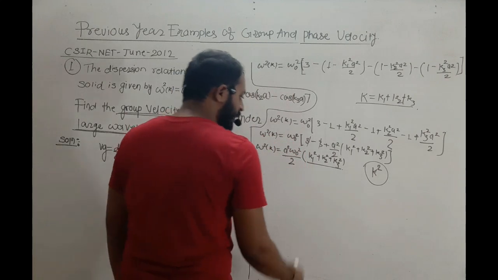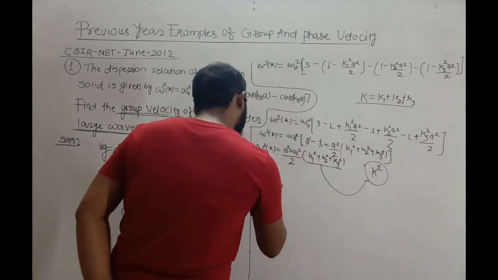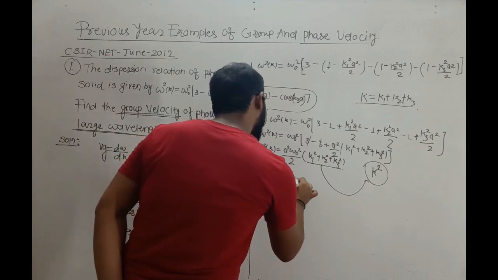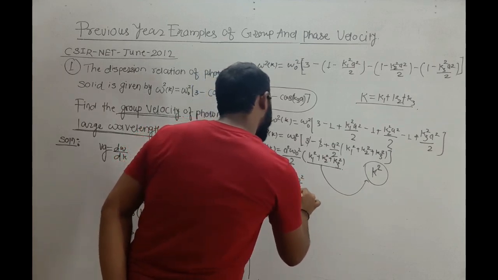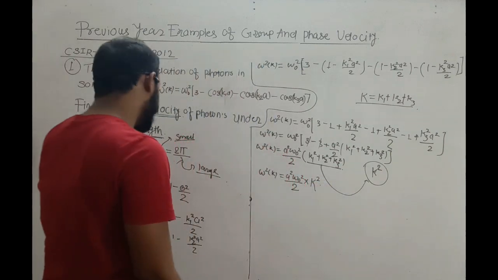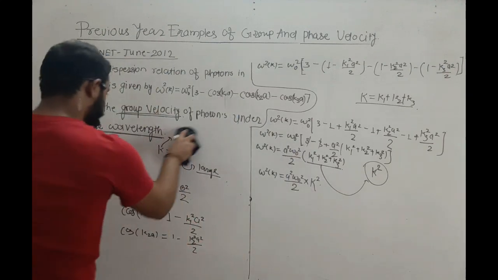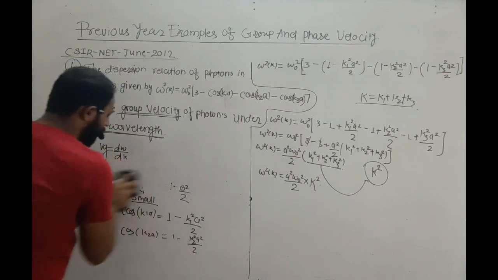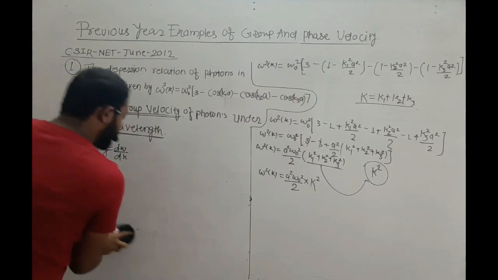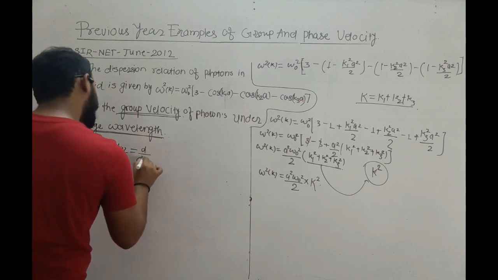Now I can replace this by this. Therefore omega square k equals a square omega naught square by 2 into k square. Now see, we have reached the formula, that is Vg equals d omega by dk.